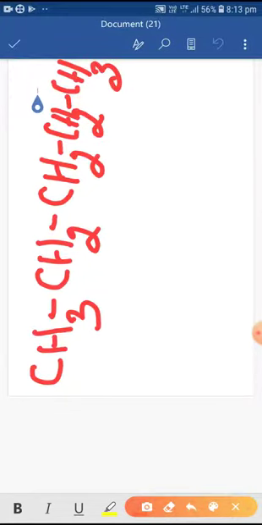Okay, this is example 1. So first step, you count how many carbon atoms are there.